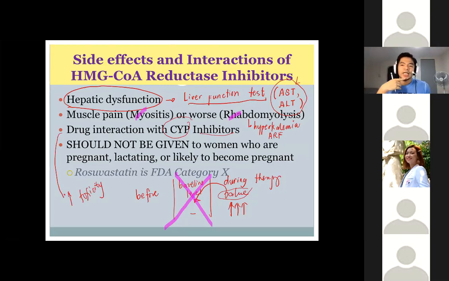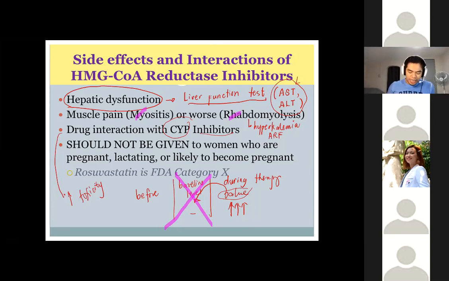Meaning to say, they can adversely target developing fetus. Hence, this should not be given to women who are pregnant, even lactating, and expectant mothers. In fact, ang rosuvastatin ay pregnancy category X. Meaning, proven toxic, proven teratogenic sa animals and also humans. Kaya pregnancy category X siya.